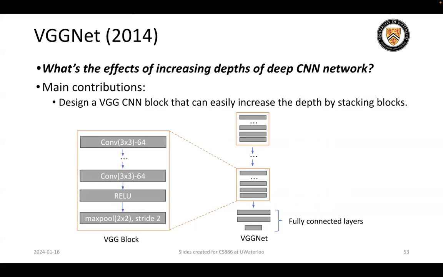In each VGG block, we have a convolutional 3x3 followed by a few more convolutional 3x3, and we follow that with ReLU activation and 2x2 max pooling with stride 2. Stride is the number of pixels we move from one window to the next, and we can easily stack these VGG blocks together, and we follow that by fully connected layers as usual.